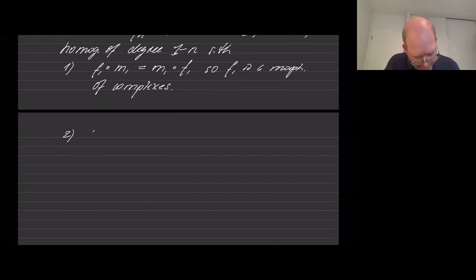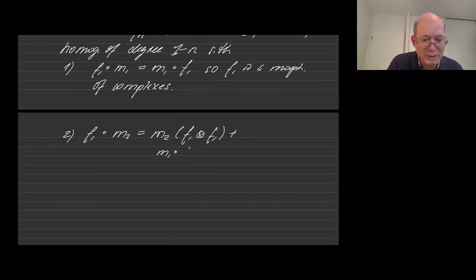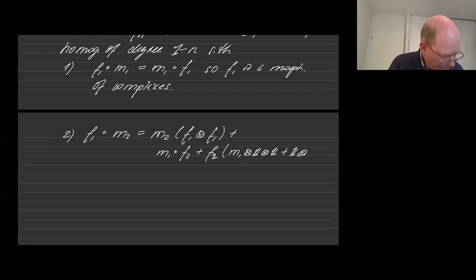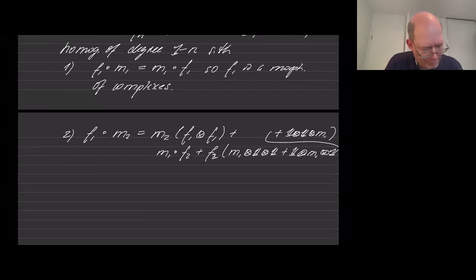Then F1 composed with M2 equals M2 composed with F1 tensor F1 up to a correction, namely M1 F2 plus F2 composed with the differential of the tensor square, M1 tensor 1 plus 1 tensor M1.